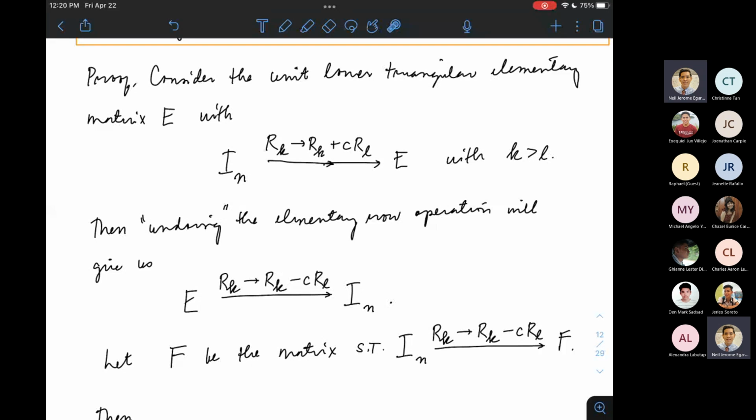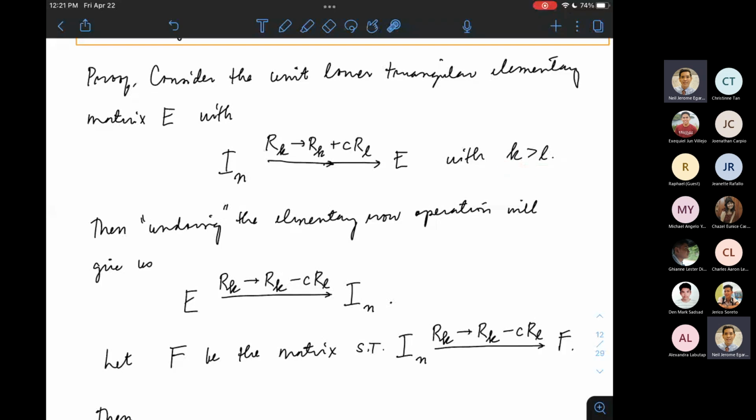Okay? So, halimbawa, si matrix E ay yung unit lower triangular elementary matrix, which is a row translator that we obtained by translating the kth row of the identity matrix by C times the lth row of the identity matrix. Okay? So, yan yung nangyari.